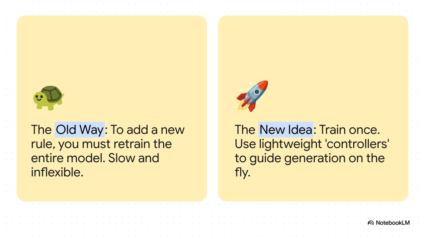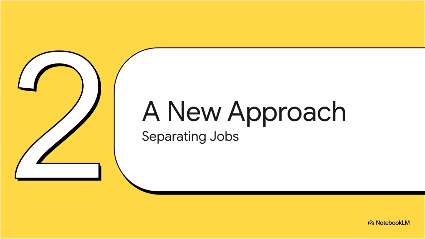The new idea, the breakthrough, is to split these jobs up. You train one big model just once to learn what real data looks like. Then you use these tiny, lightweight controllers to guide that model with new rules, totally on the fly. So yeah, this idea of separating the learning from the controlling, that's the absolute key to this new, flexible approach.